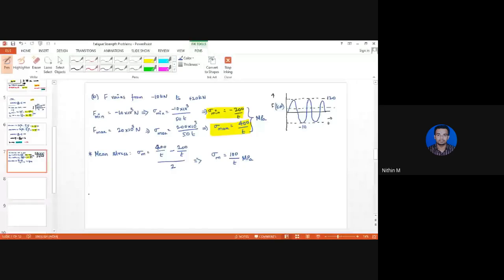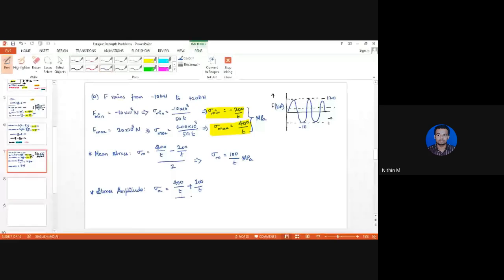Stress amplitude: sigma A is sigma max minus sigma minimum by 2, right? That is 400 by T minus of minus 200, which is plus 200 by T, divided by 2 MPa.